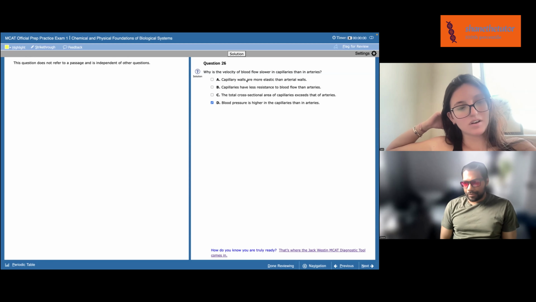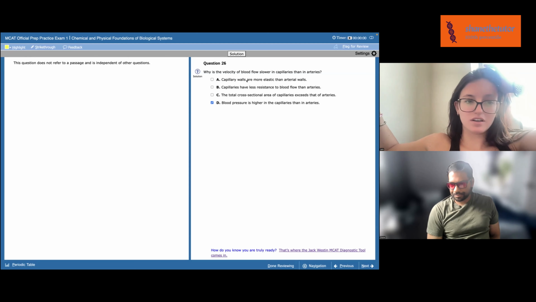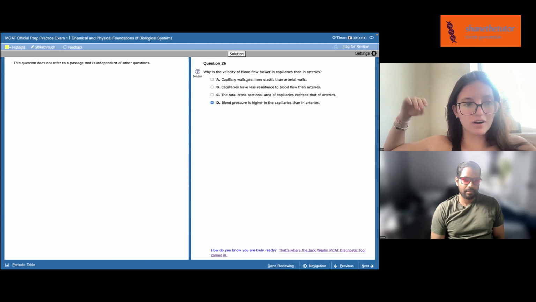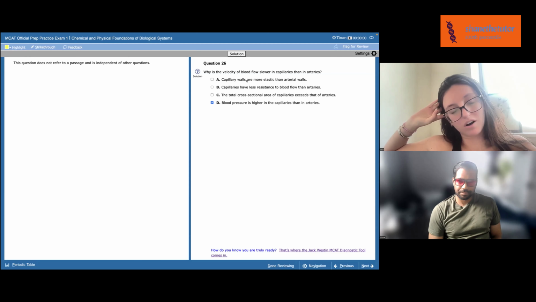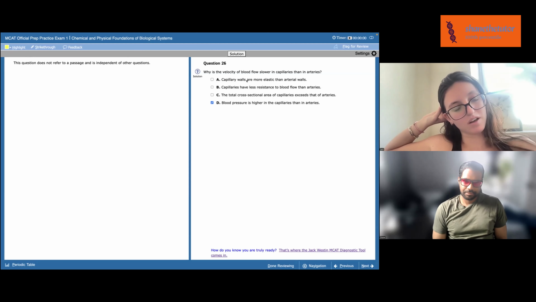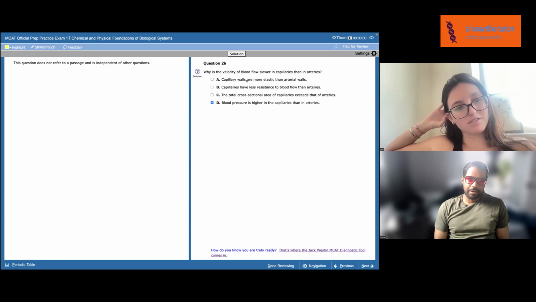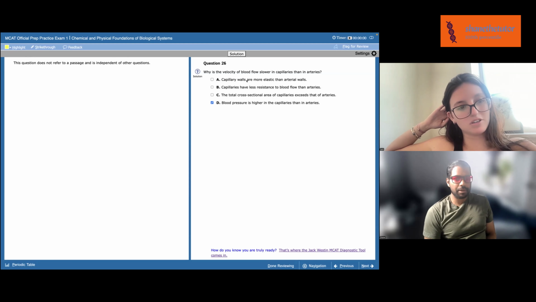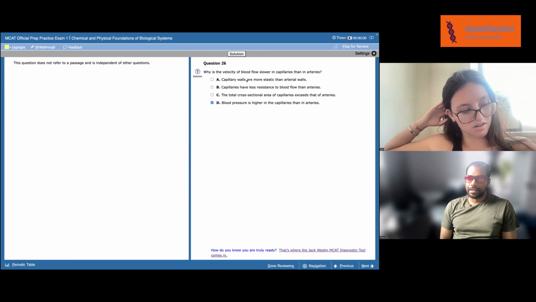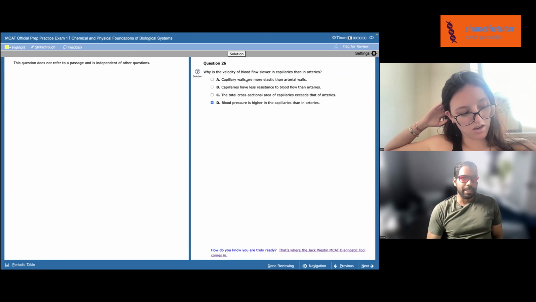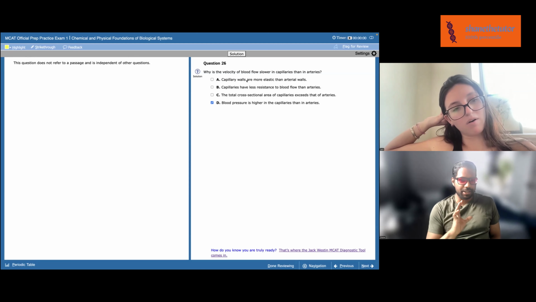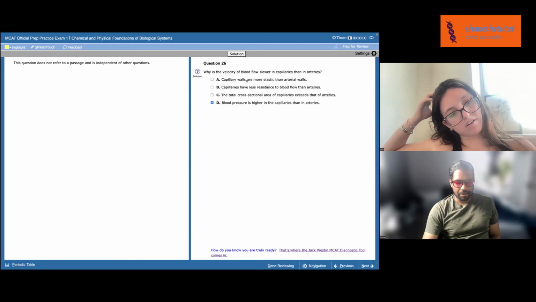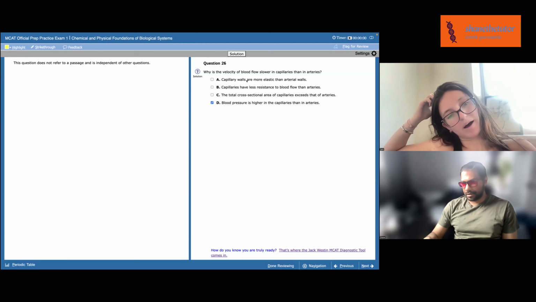The heart and lungs are near each other, so the heart has the most oxygenated blood and then it needs to be sent out to the rest of the body, to the organs and appendages. So the arteries are sending oxygenated blood out, and veins bring oxygen-depleted blood back to the heart.